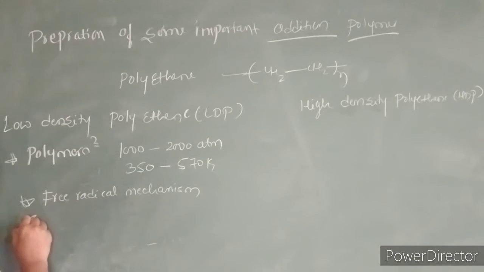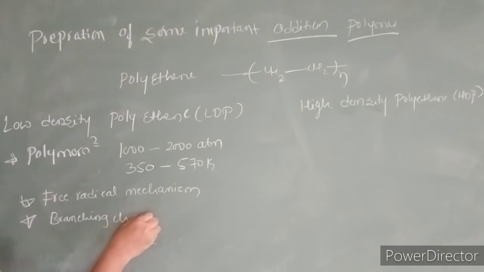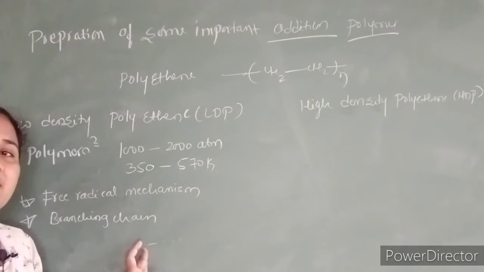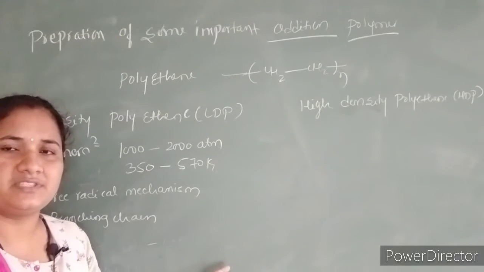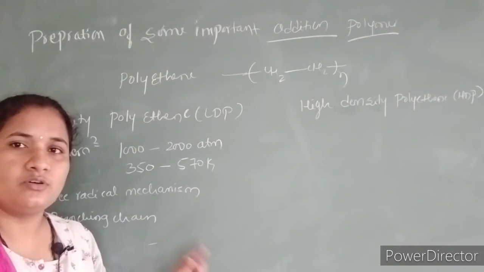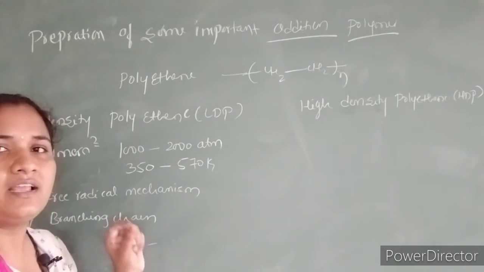So branching of chains occurs in low density polyethylene, and moreover these low density polyethylene molecules are chemically inert. Chemically inert means they will not react with any chemicals.